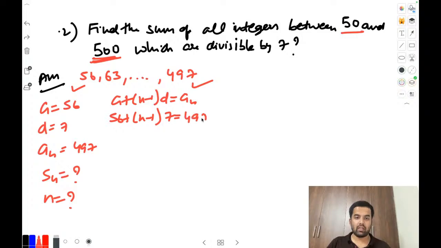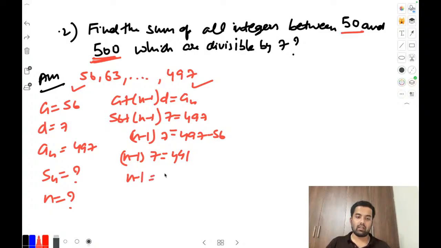An is what? 497. Here as we see, n minus 1 into 7 equals 497 minus 56. After subtraction, it will come 441. After this one, 441 divided by 7. After division, what will come?